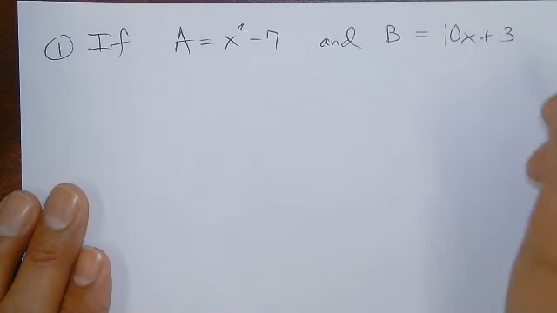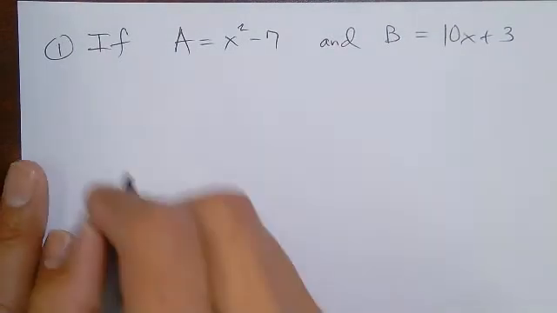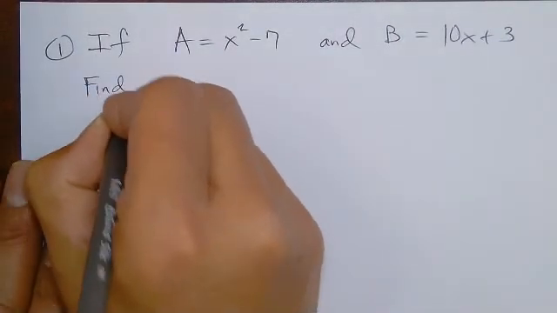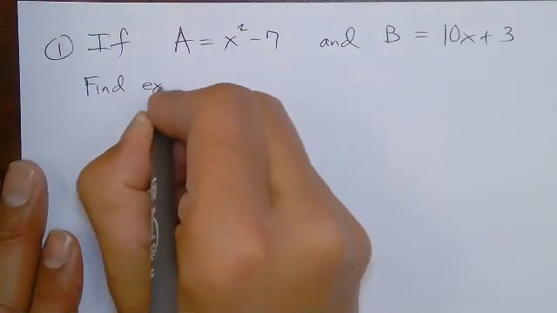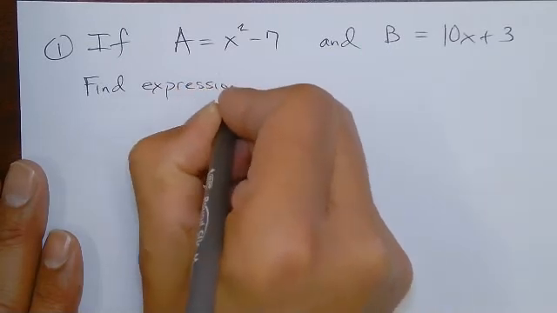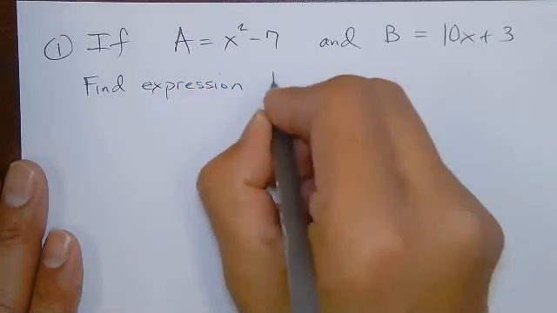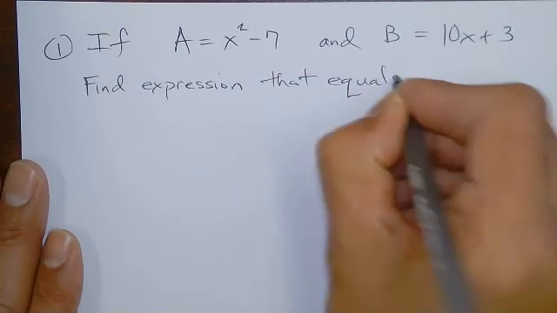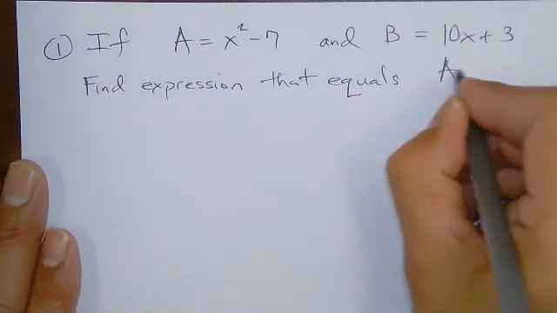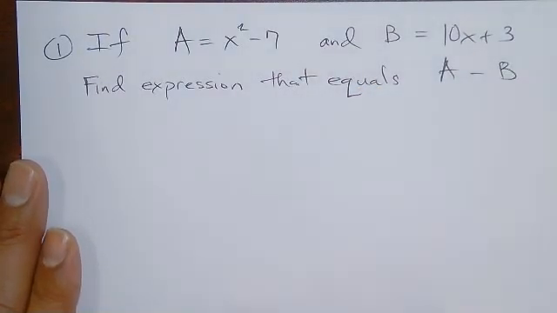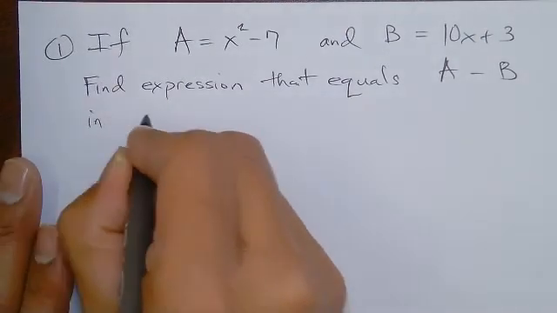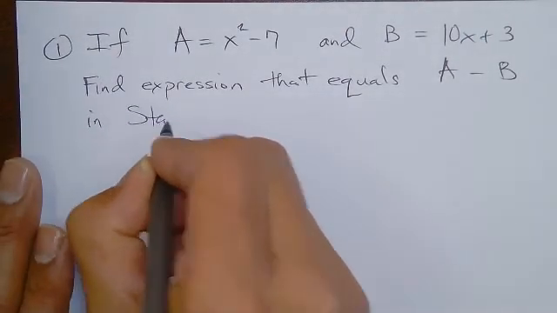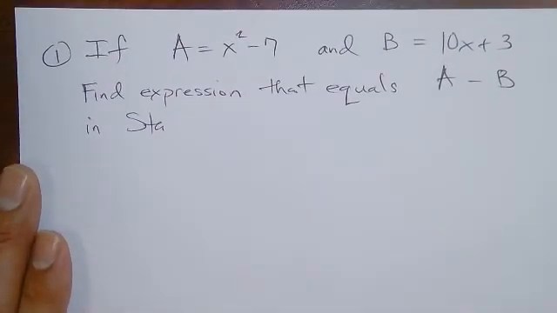If a is equal to that and b is equal to this, find an expression. Find an expression that equals a minus b in standard form.